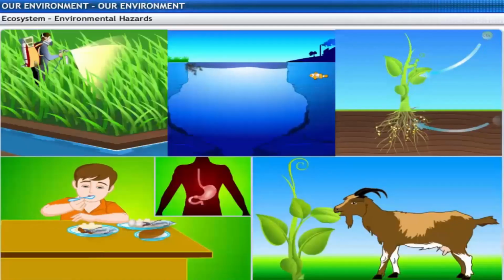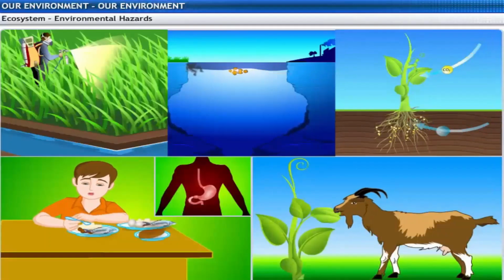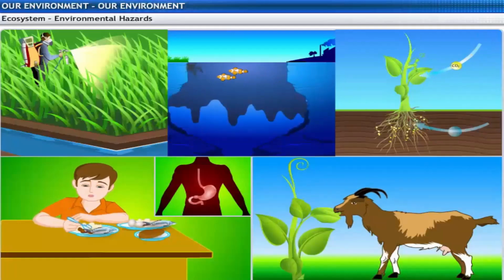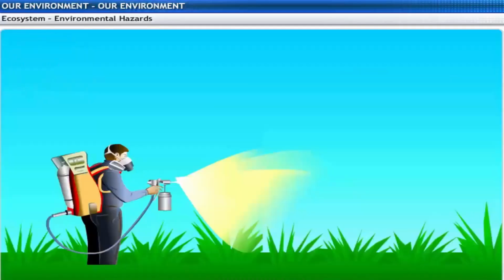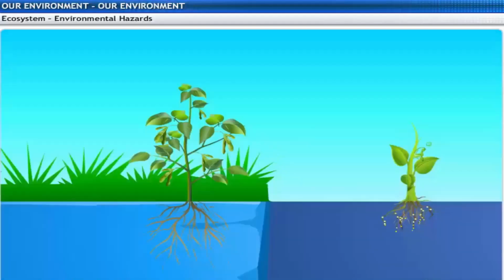Did you know that unknowingly harmful chemicals can enter your body through the food chain? Oh. One of the reasons is the use of several pesticides and other chemicals to protect crops from diseases and pests.